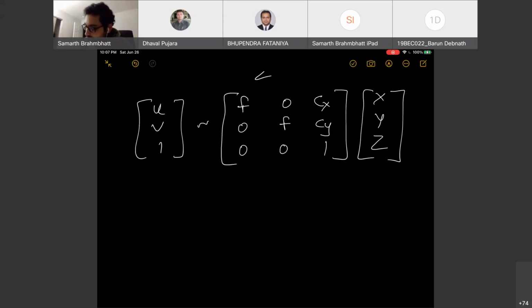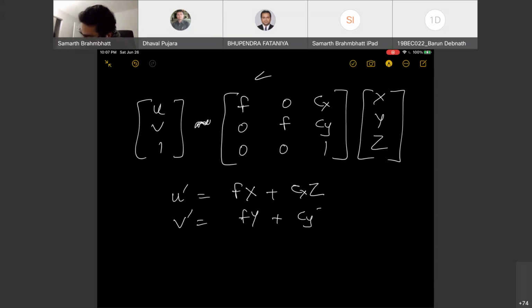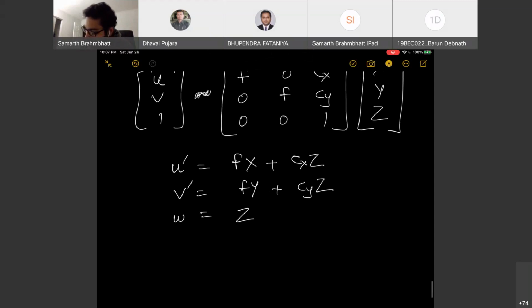So let us actually just do this matrix multiplication. If we want to calculate the equality, let's just call it u dash. So u dash will be fx plus cxz. V dash will be fy plus cyz. And let's say the third element might be w. So w will be equal to z, right?